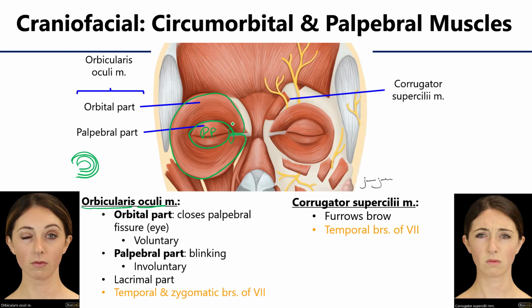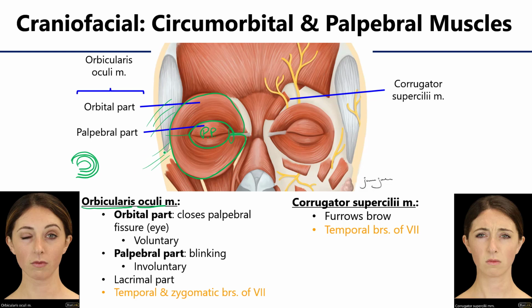So the orbicularis oculi muscle is innervated by both temporal and zygomatic branches of the facial nerve. One way to remember this is I use that lateral canthus or angle of the eye to differentiate between branches of the facial nerve, in that temporal branches generally are going to be superior to that, and zygomatic branches tend to be inferior to that.